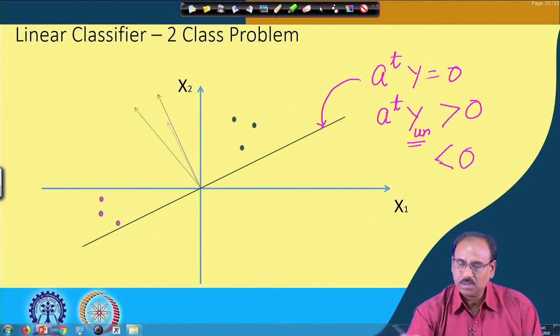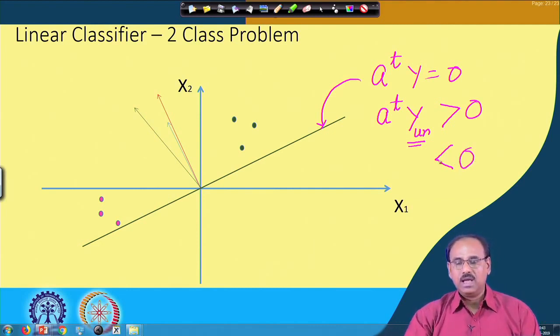If it is less than 0, then y unknown has to be classified to class omega 2.